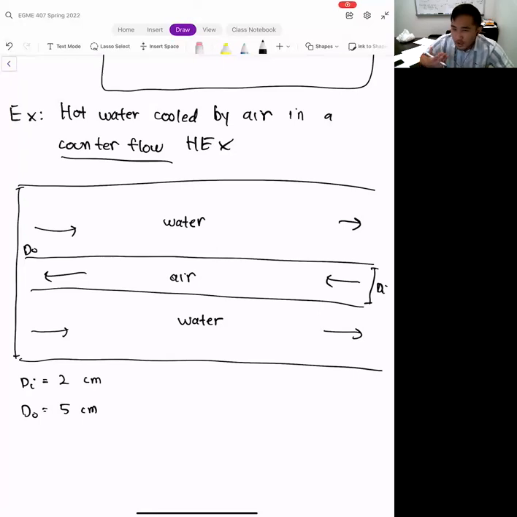Even if there is, we're going to ignore it. The mass flow rate of the air is going to be 0.35 kilograms per second, while the mass flow rate of the water is going to be 0.3 kilograms per second.